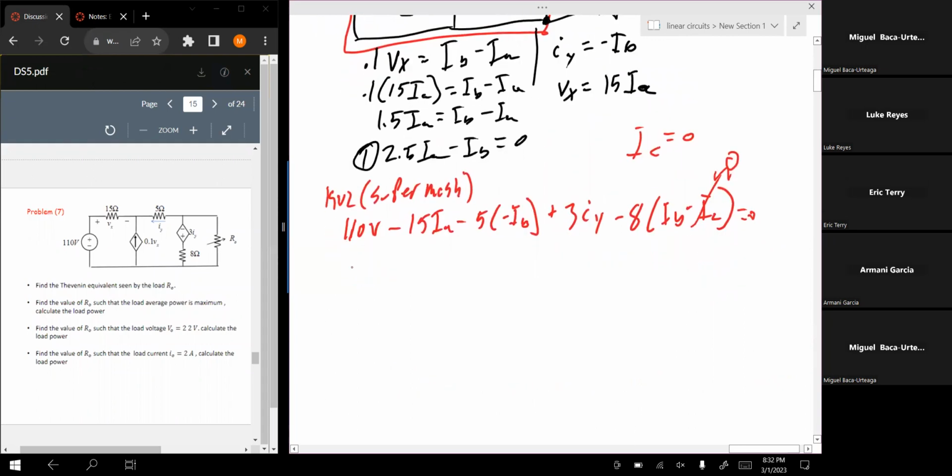Let's do some replacement. So I'm going to move the 110 over. So I'm going to say negative 110, 15 IA, plus 5 IB, plus, minus 3 IB, minus 8 IB.